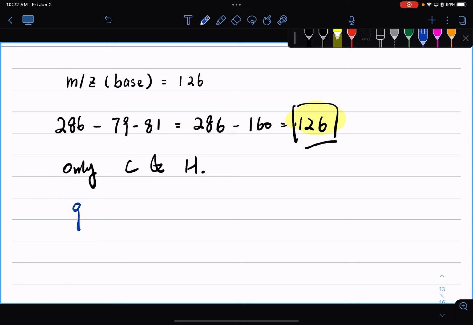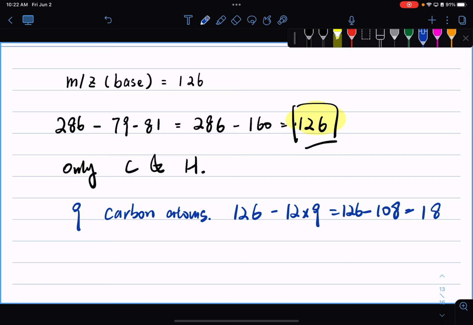Either we have, let's say, 9 carbon atoms. That gives you 126 minus 12 times 9, which is 126 minus 108. That gives you 18 hydrogens. So this 18 hydrogens is hinting at our degree of unsaturation.